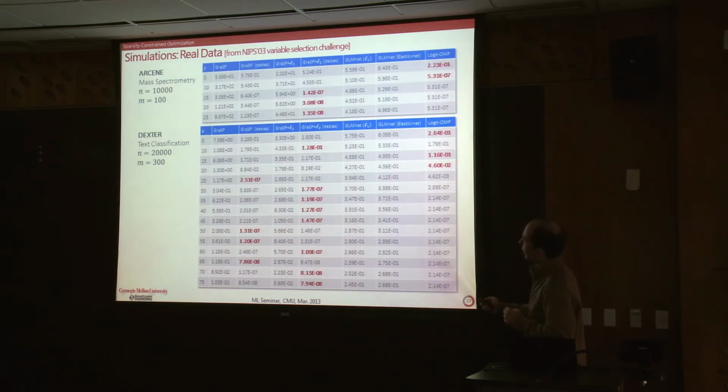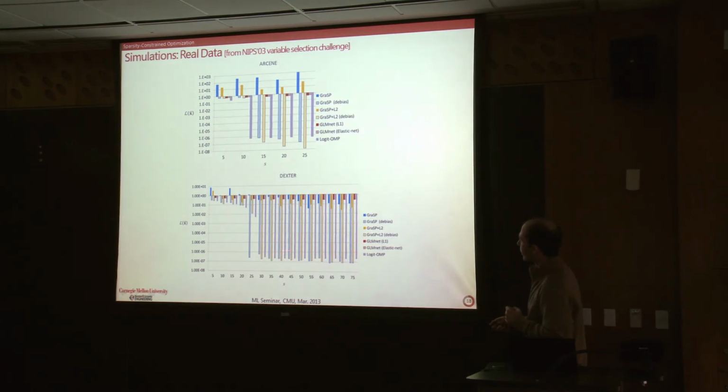If you plot the results, you see that in most cases GraSP with L2 regularization or debiasing performs the best in terms of achieving the lower loss value, except for a few cases where the LogitOMP performs better. And in most cases, for this data set Dexter, GraSP, even without debiasing, achieves something in the order of the results of the convex methods.